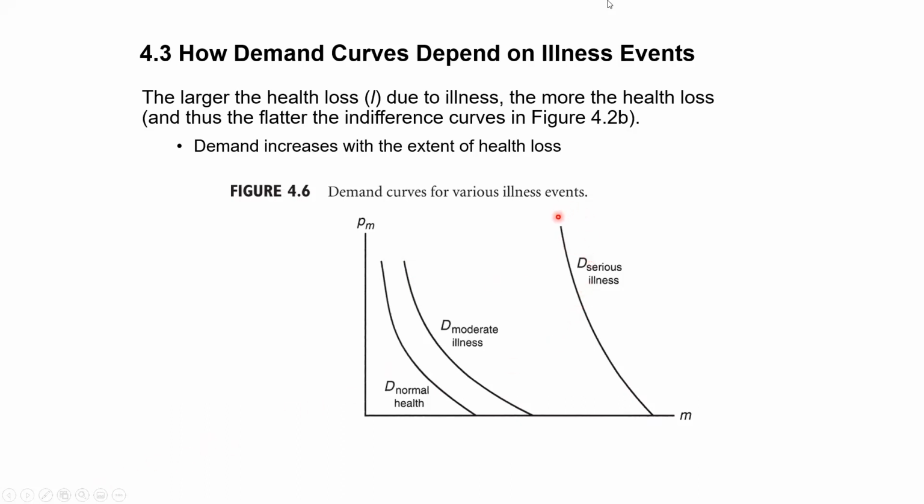So for serious illness, this will be the willingness of the person to pay for medical services given this set price. And of course, you would see here that this curve is steeper, no? The willingness to pay, because of the need for more and more services, is here because of serious illnesses.